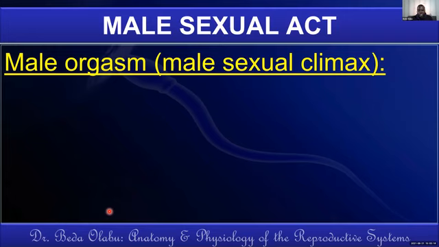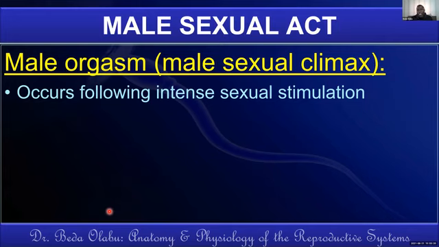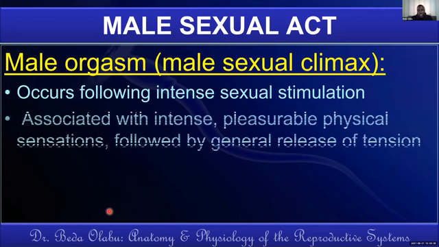Male orgasm is basically the climax of sexual response. It occurs during intense sexual stimulation, usually associated with pleasurable physical sensation, followed by a general release of tension. The person now just feels relaxed.